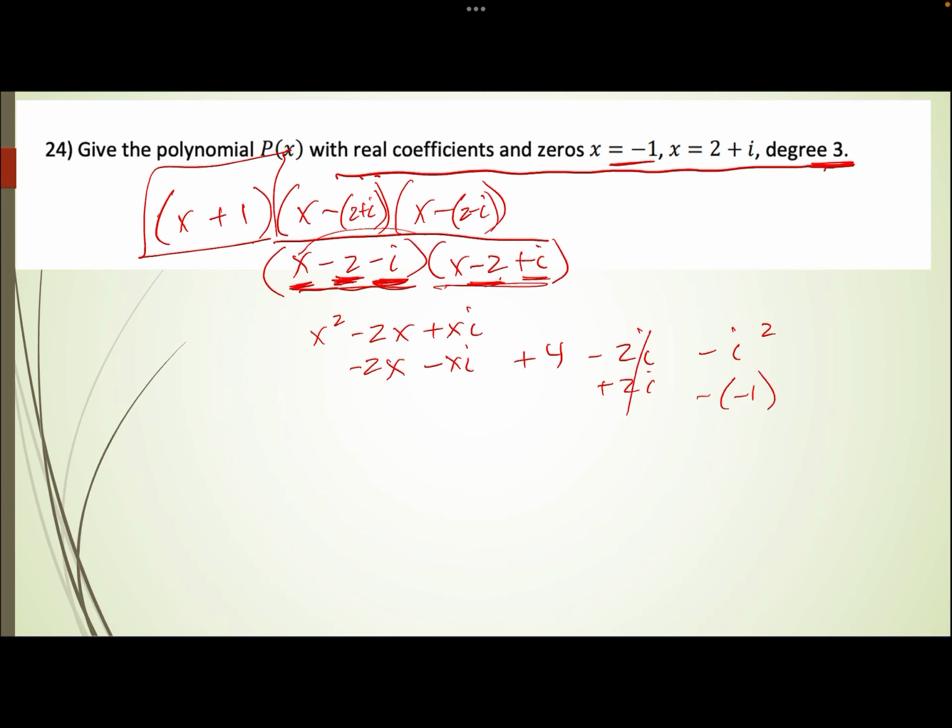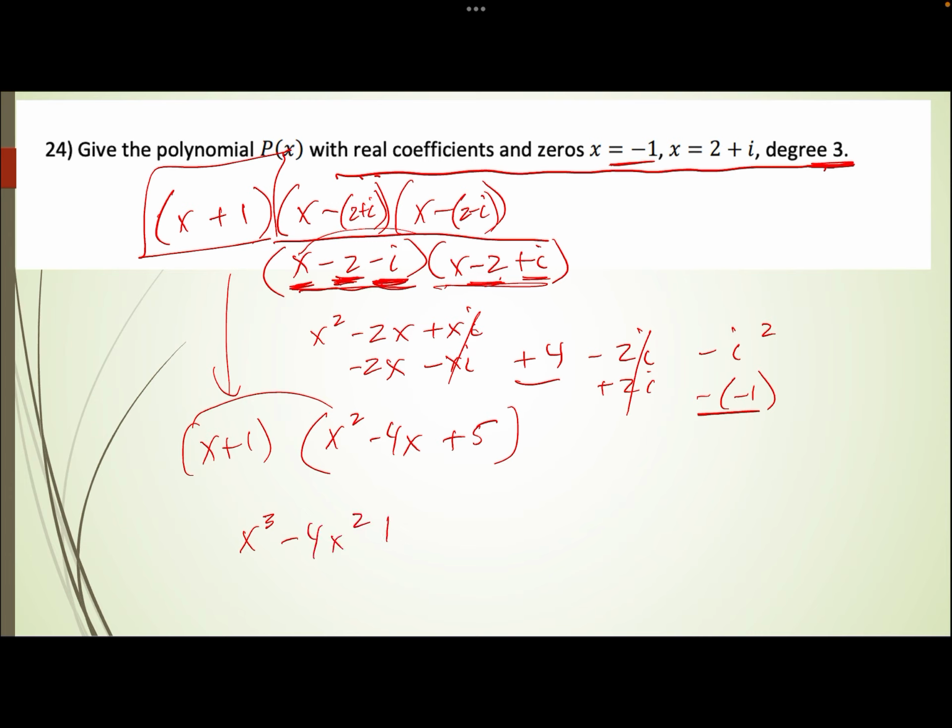So these cancel and this cancels, and I'm left with x squared minus 4x, and then 4 plus 1 is 5. Then I bring down the x plus 1 and distribute it through. So I do x cubed minus 4x squared plus 5x, and then x squared minus 4x plus 5. And so my final answer is x cubed minus 3x squared plus x plus 5.